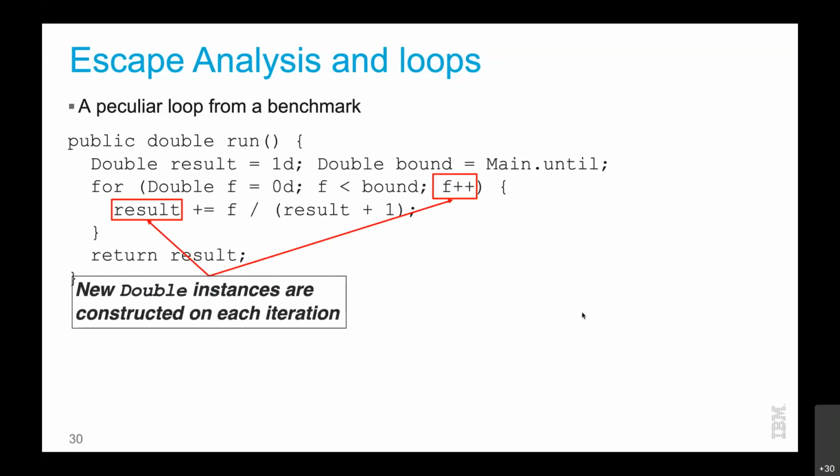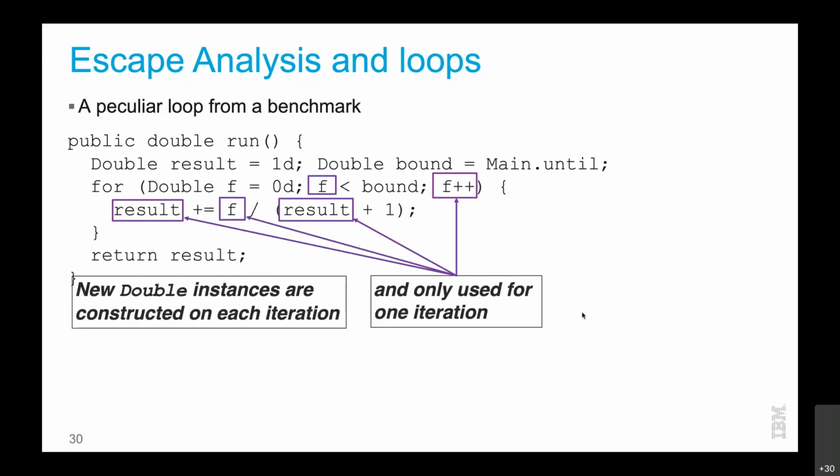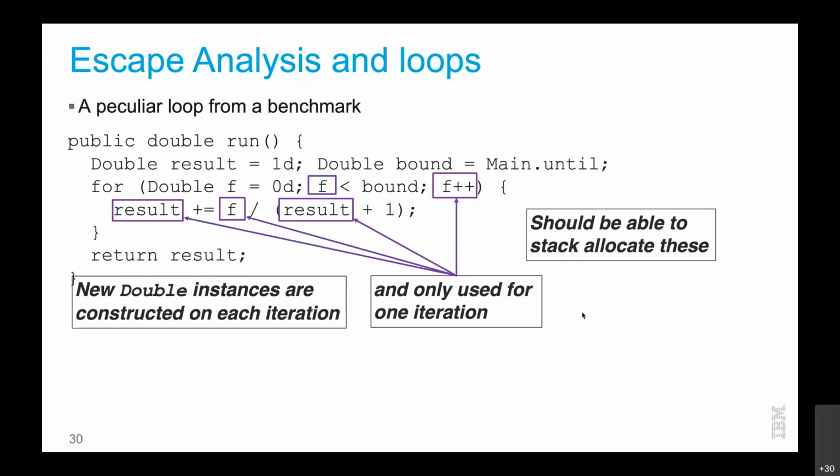This thing is actually just constructing a result object on each iteration of the loop, and it's constructing an F object on each iteration of the loop. And on each iteration, it's only using the values of those things to feed into the value of the object on the next iteration. So there's no real overlap of the usage of these variables.